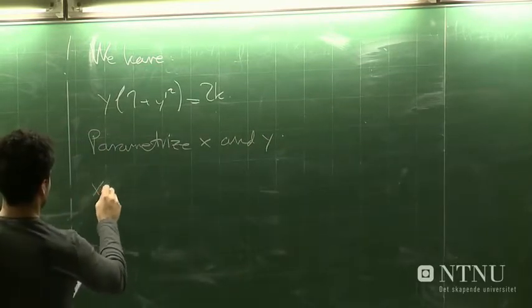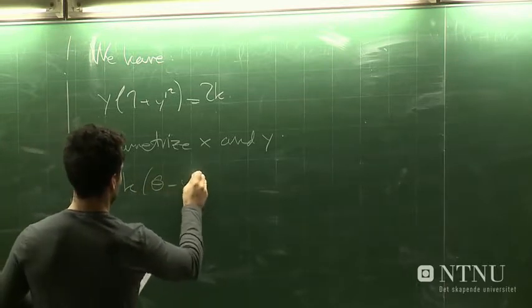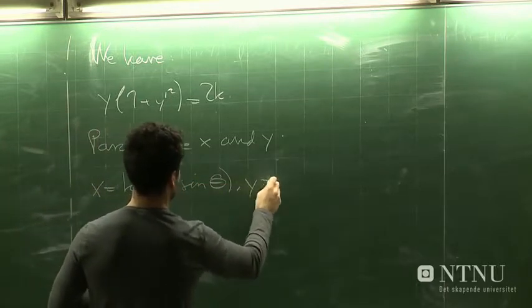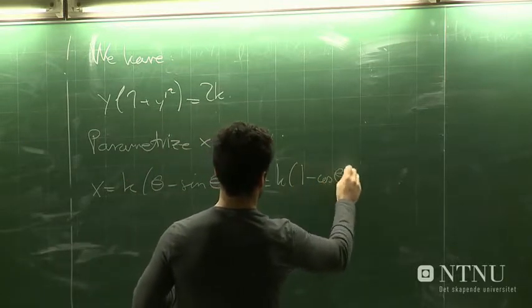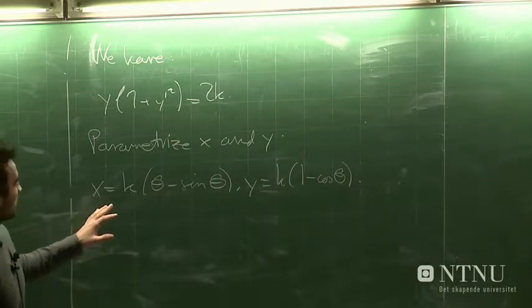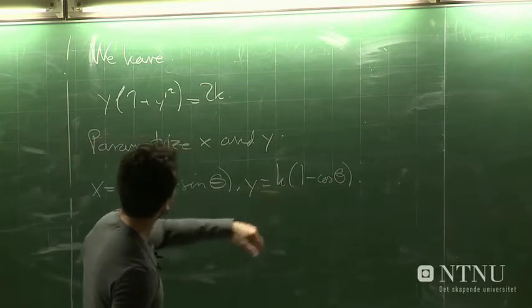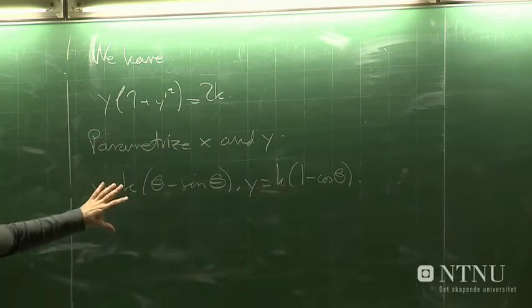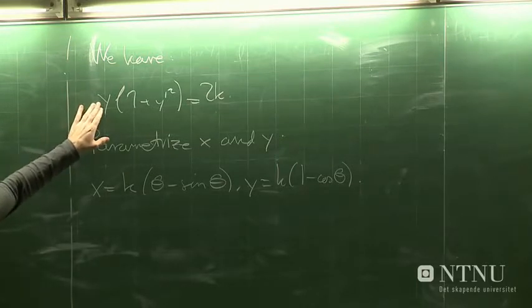We write them like this. And you can check now that if x is equal to this and y is equal to this, if you insert these transformation equations into this one, you will see that it's satisfied.